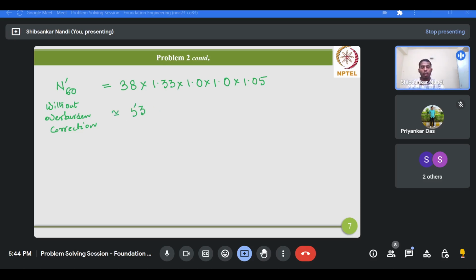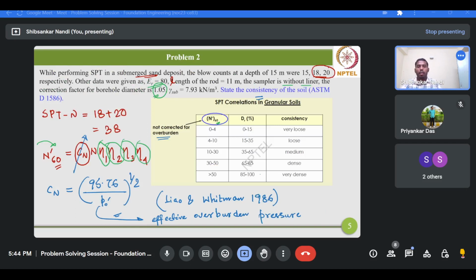Now we'll go back to the past chart, the SPT correlations in granular soil. The corrected SPT value without accounting for overburden correction, we are getting as 51. So 51 in the sense, which row? This row, greater than 50. That means the relative density of the soil deposit would be between 85 to 100, and therefore it is very dense.